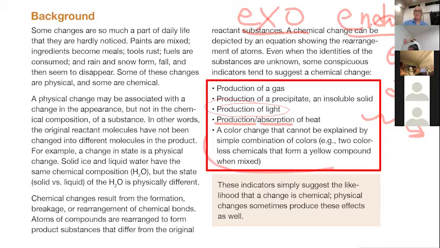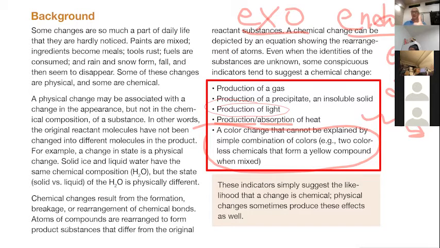And a color change. I know I just said that you can get a color change as a physical change, but that's one where, let's say you have two colorless chemicals and you mix them together and then boom, they turn blue or green or yellow. Something that you can't explain by just the simple color wheel. Like, I added something yellow and I added something red and it turned orange. Well, duh, what else would it do?